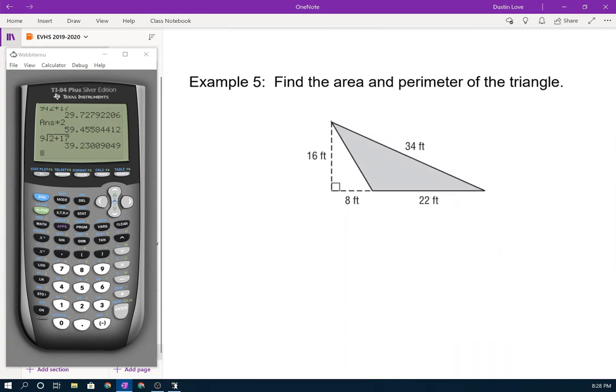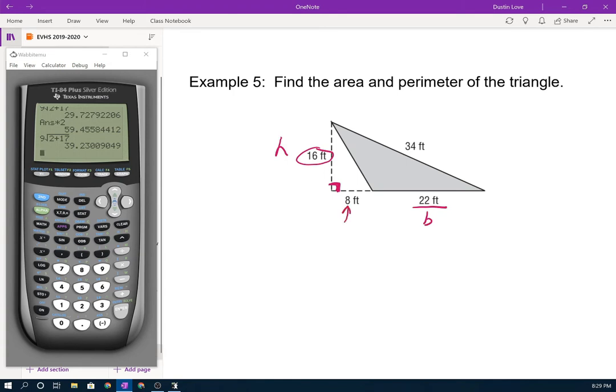So we're starting off with one of those obtuse triangles. I see that I have my right angle here in the bottom left, which means I'm going to use 16 as the height. But if 16 is the height, I've got to use the perpendicular side as the base. And so here, this 22 is the base, not the 8.